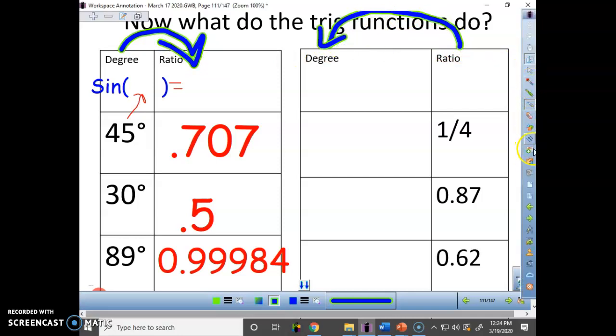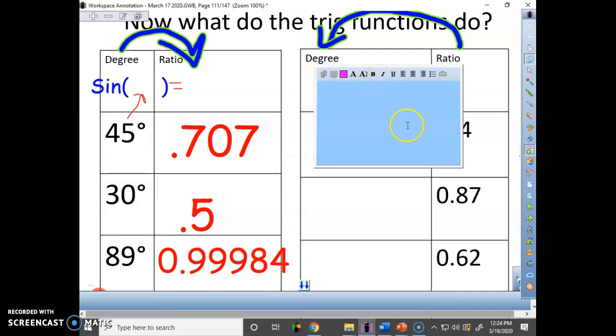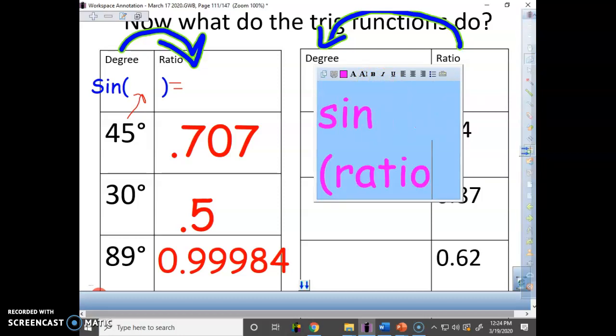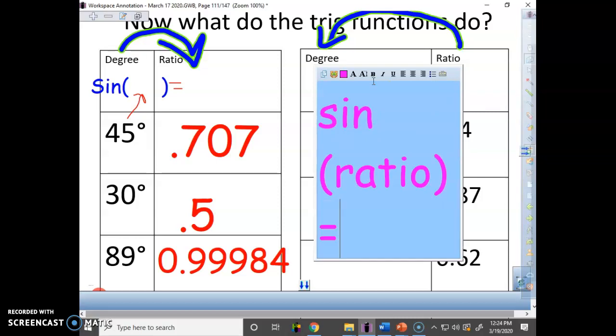It's almost the exact same button on your calculator. We'll go pink this time. Sine of our ratio is equal to our degrees.